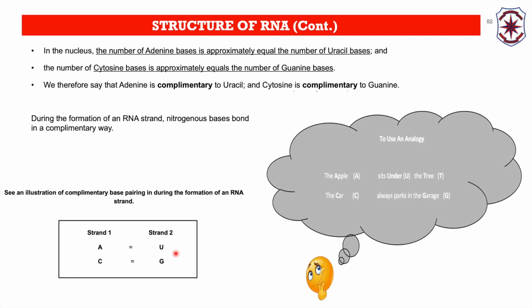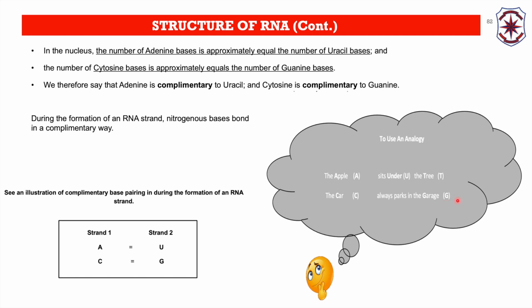So remember the analogy that we used when we were describing complementary base pairing in DNA. We said that the apple falls from the tree. So in DNA, A always goes with T. The car parks in the garage, therefore C always goes with G. Okay, but remember, this is RNA.